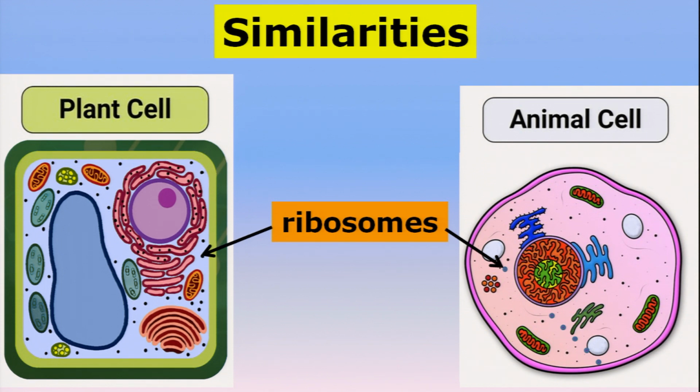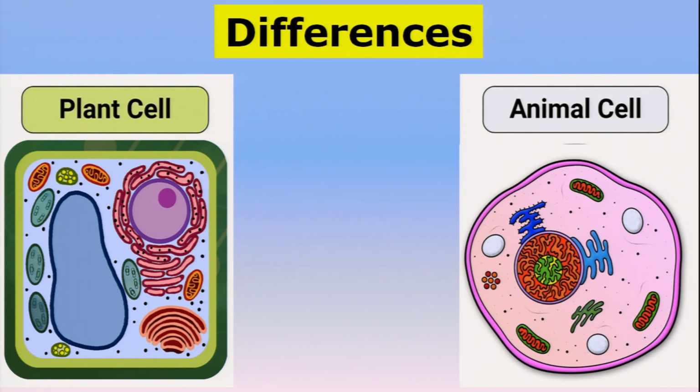And we'll see then what are the differences in structures of plant cells and animal cells. The differences are, first is presence of cell wall. Cell wall is present only in plant cells and it is absent in animal cells. It is the first difference between a plant cell and an animal cell.